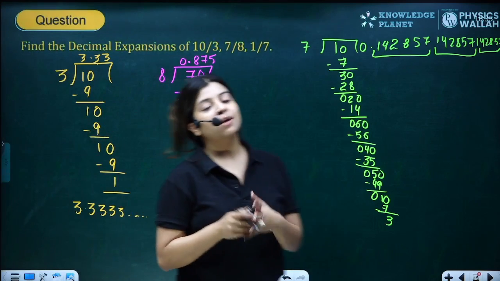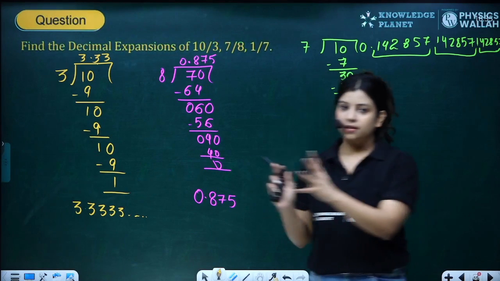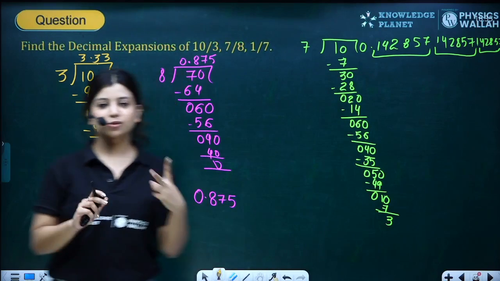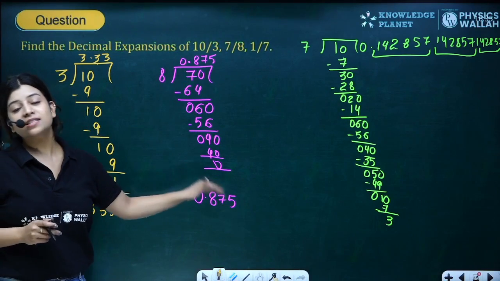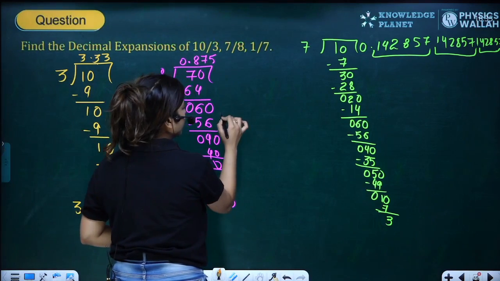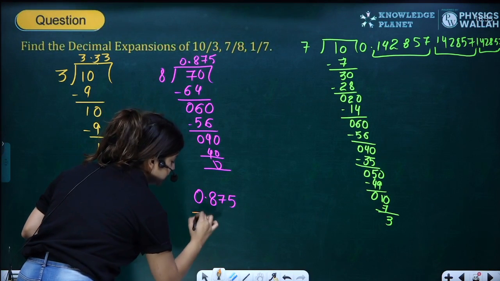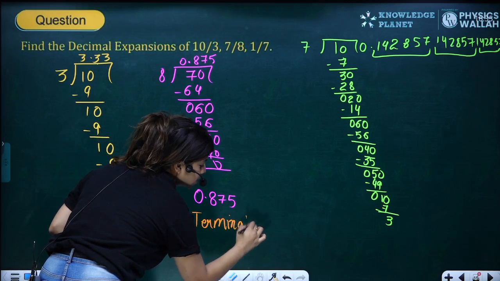When we talk about rational numbers, these might appear as three, but basically there are two types of decimal expansion. This one, which is ending and giving us a remainder of 0, is known as a terminating decimal expansion.